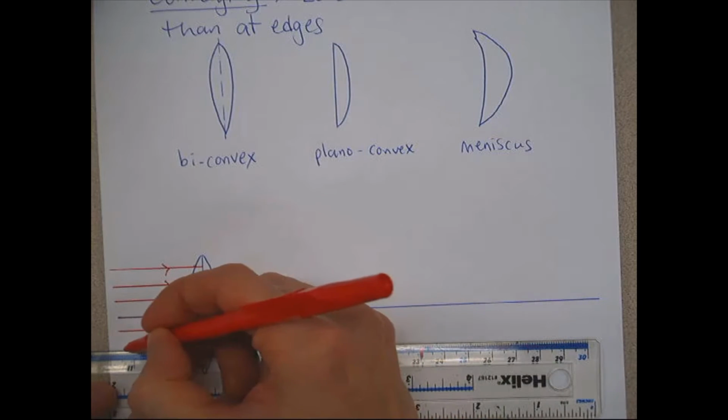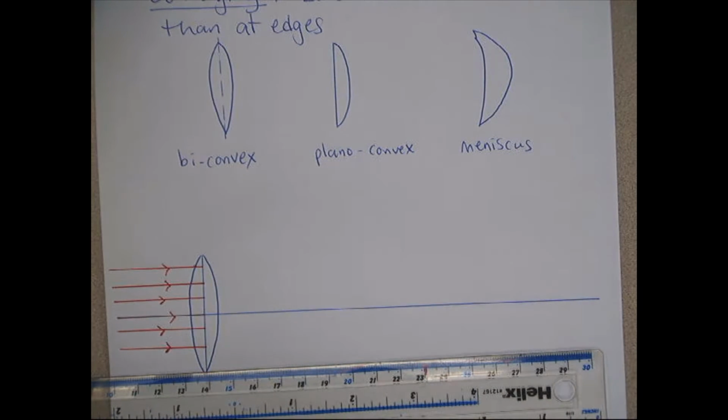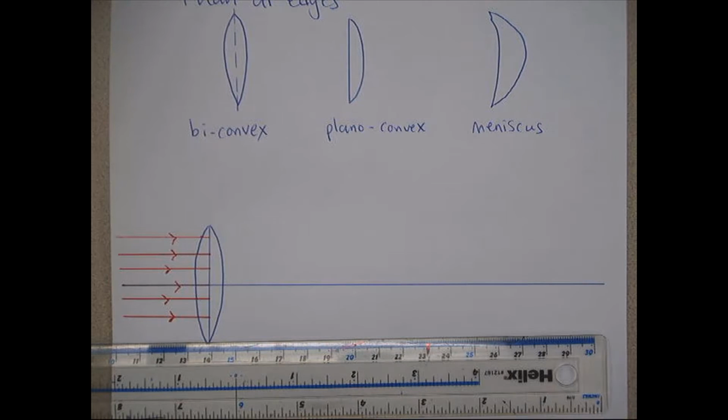We know that it's a reasonable approximation to say that distant light sources give us parallel incoming light rays because they will not diverge much.